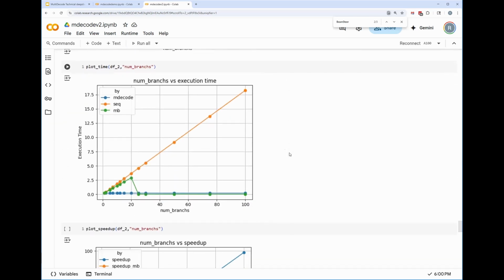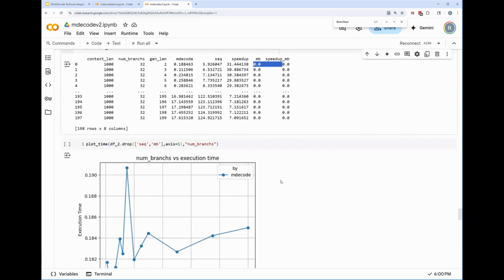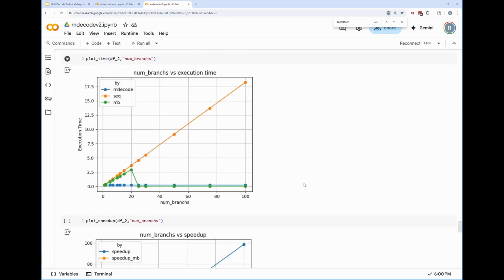If you contrast it with the other two algorithms, the execution time of sequential is going to be huge because it's just linear. It's 100 times slower if I have 100 branches. The mini batch isn't quite as bad, but again, I zeroed it out when I couldn't compute it, when I hit a memory limit. So it goes along okay, and then in this case, at 20, it died. That was 1,032 branches. It got up to 20, and the A100 died.